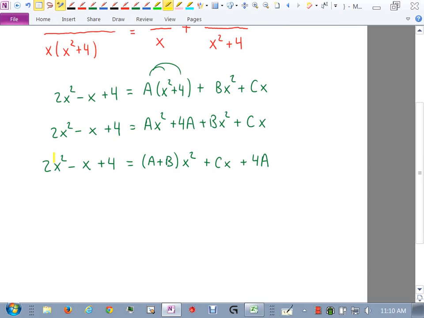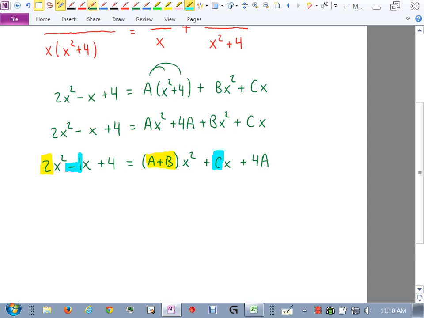So I know that the thing in front of x squared, 2, must match up with A plus B. Ooh, this is going to be nice. Negative 1, which is the number in front of x, must match up with C. That I know what C is then, right? C is negative 1.